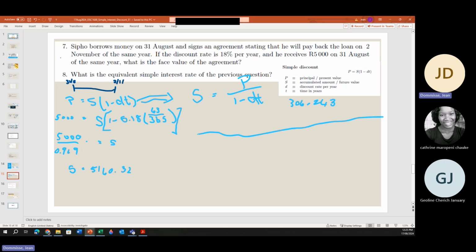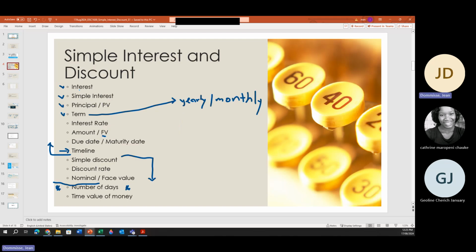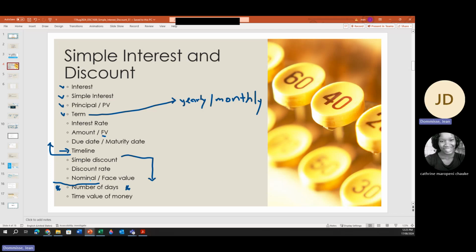Then the last one of today. We've done the interest, simple interest, simple discount, and number of days.